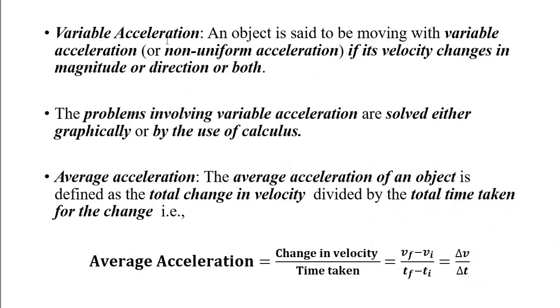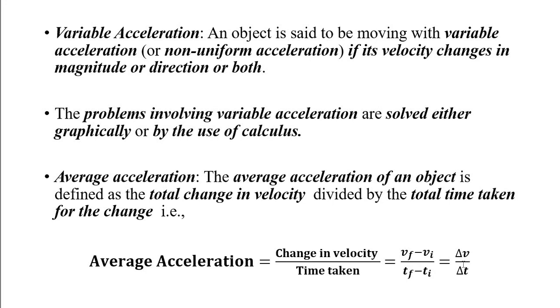Then we have the same concepts of variable acceleration: if the velocity changes by unequal amounts between equal time slots, and if direction also changes, we say that acceleration is variable. And then average acceleration is basically the total change in velocity from the initial to the final point, final velocity minus initial velocity, divided by the total time taken from the starting point to the end point.